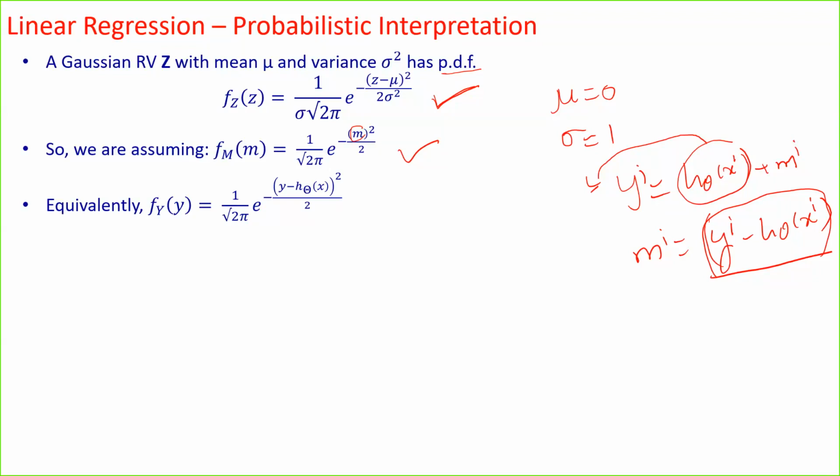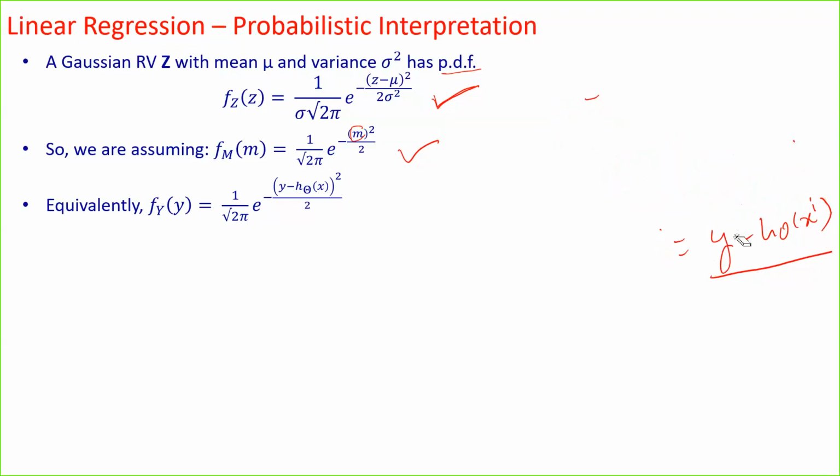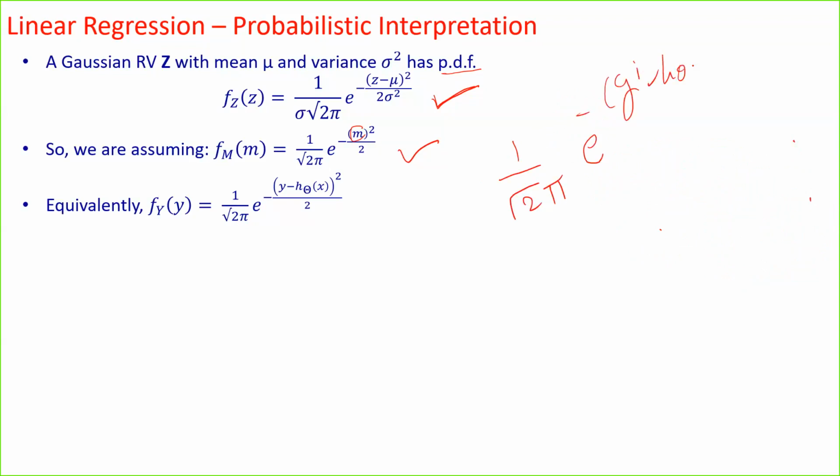So 1 by square root 2 pi e to the power minus of (y minus h theta of x) whole square by 2, right? So if you want to estimate the likelihood of one particular instance yi, this is the likelihood estimation for one particular instance in the data set. This is the likelihood estimation for one instance xi, yi.